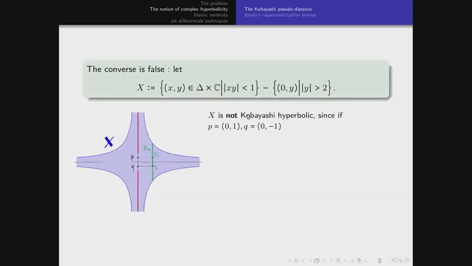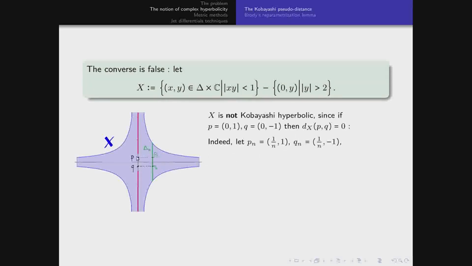However, X is not Kobayashi hyperbolic, since, as I will explain now, if you define P and Q to be the following two points on the y-axis, we can see that the Kobayashi pseudo-distance between them is 0. So how can you do that? We will define two sequences of points going towards P and Q respectively. So here are these sequences.